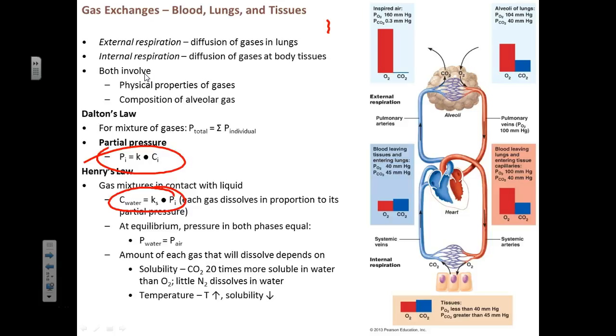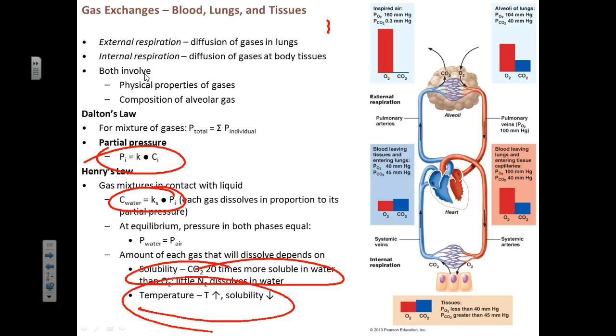It means more gas of that sort will be dissolved in the fluid, in this case blood. And the last thing that we mentioned is that there's different solubility for different gases, and that with increased temperature, solubility falls and vice versa. Okay?